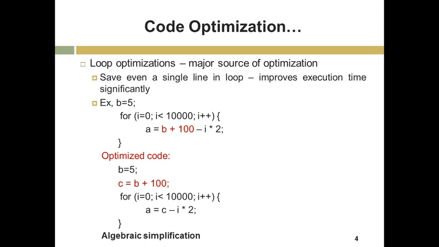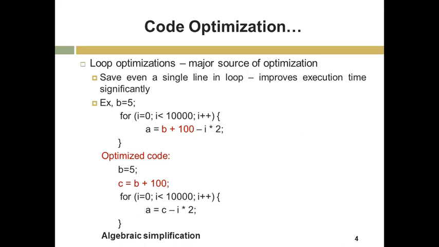Another example of code optimization: as we know, when we write any program, the major source of optimizations is loop optimization. Loops are the constructs which take a major amount of time for execution. If the statements are simple expressions or if they are kept in an if-else block, then they take less time for execution, but the statements which are written inside loops take more time for execution depending on the final value of the loop counter.